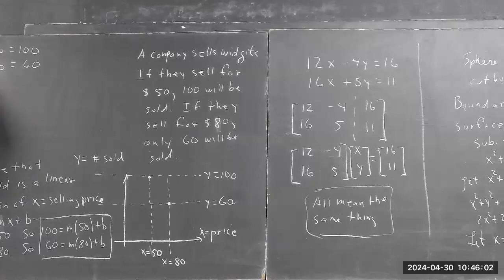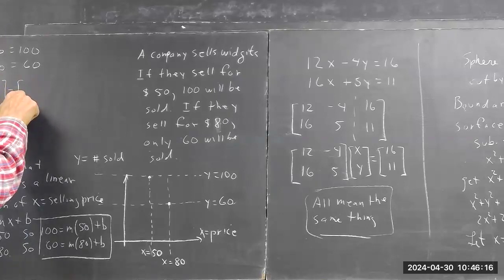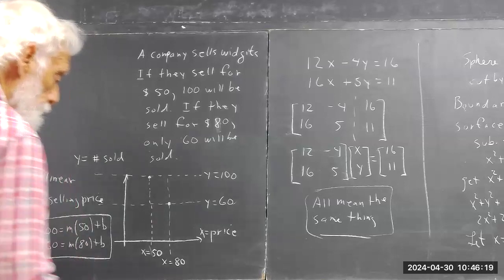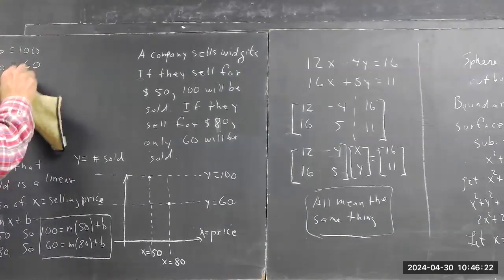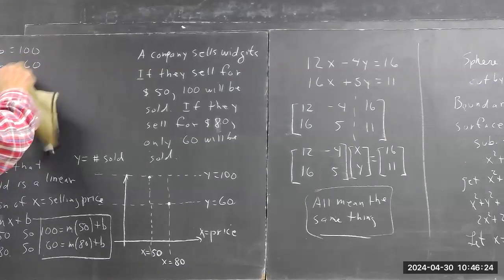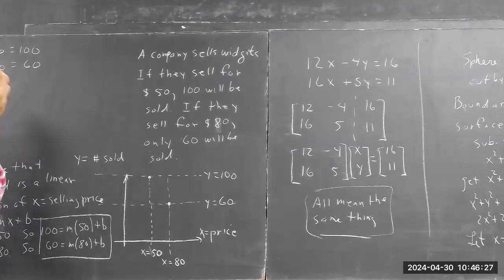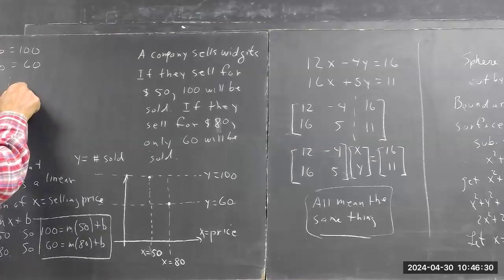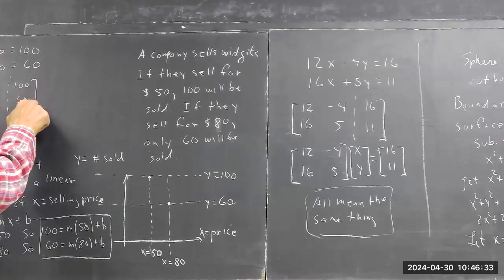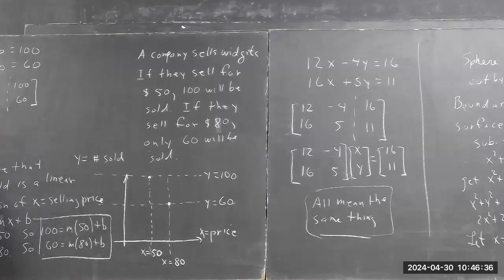This system of equations we can write as 50, 1, 80, 1 equals, well, I'm not going to write the matrix form. I could, but since we don't know how to solve the matrix form, which is a little harder, we've got this. So now we have equation 1, equation 2.